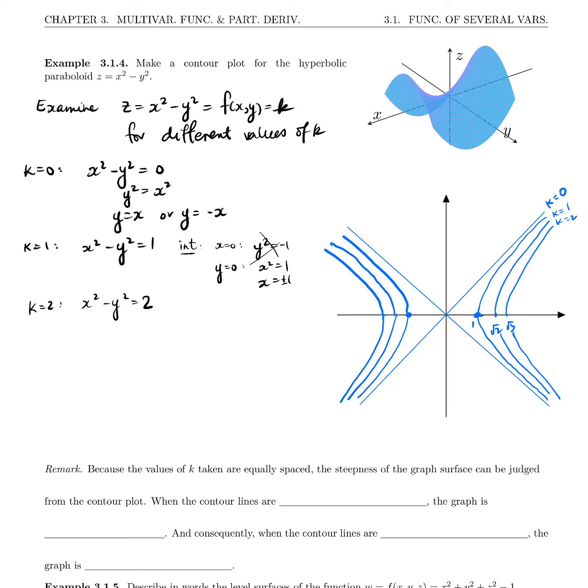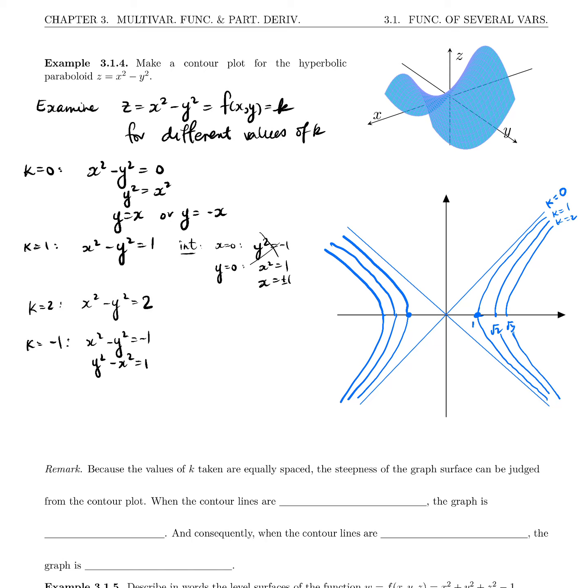Okay, so what happens when we go down from 0? So let's say we have k is equal to minus 1. Then I'm getting the curve x squared minus y squared is equal to minus 1, or rearranging it, y squared minus x squared is equal to 1.